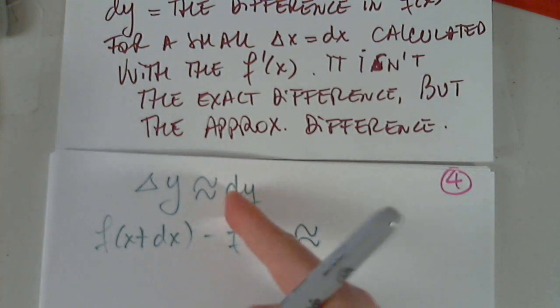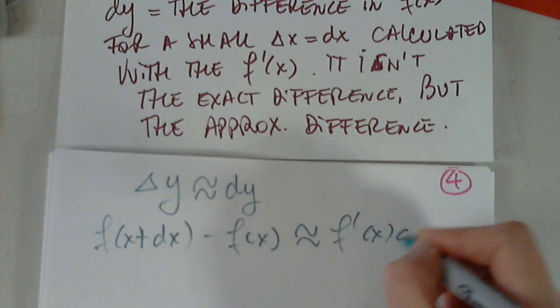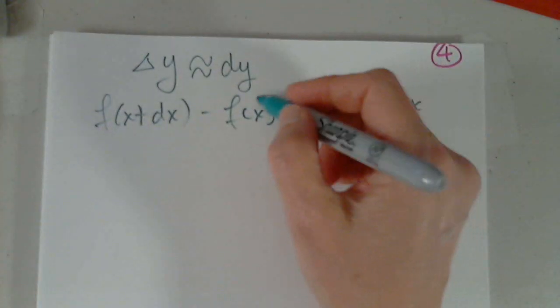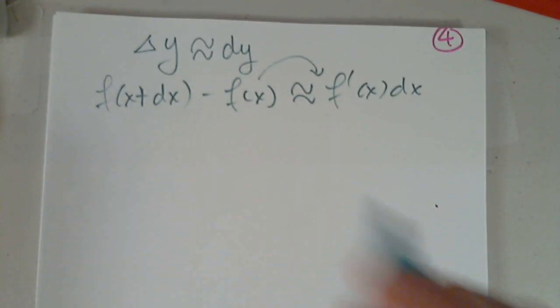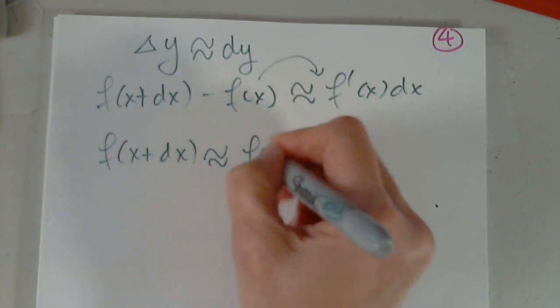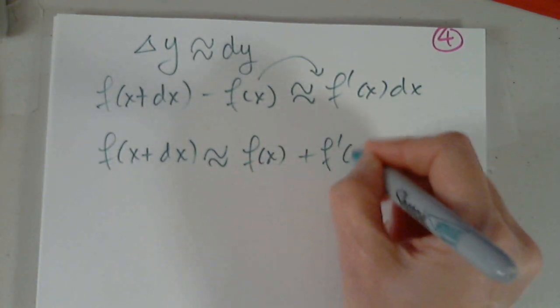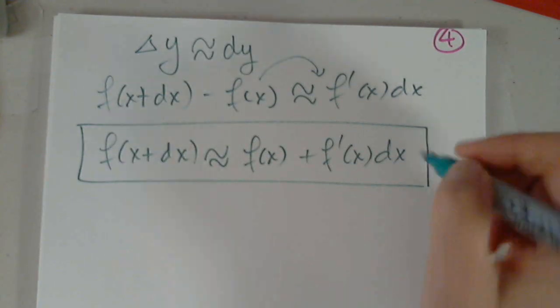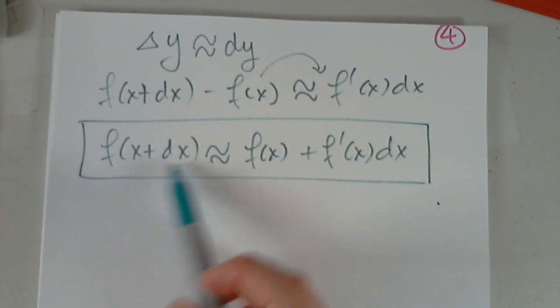It's approximately this, which is f prime of x dx. Finally, I will move this to the other side. And this is a very important result, because we can approximate anything we want.